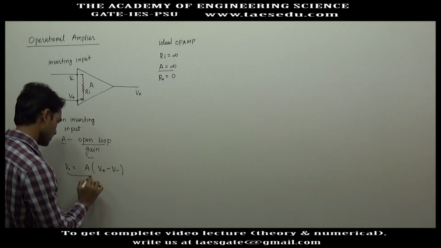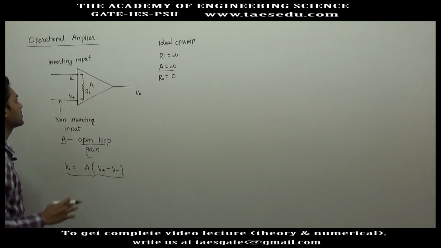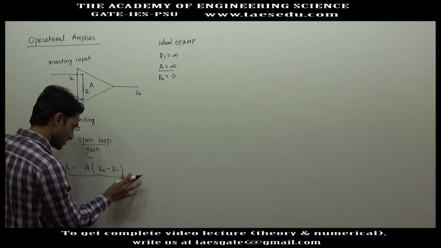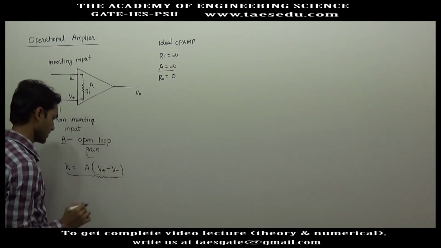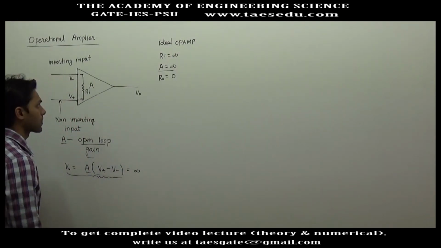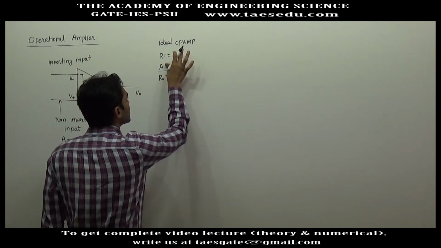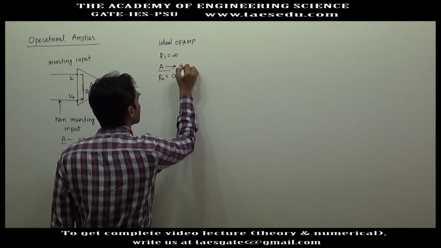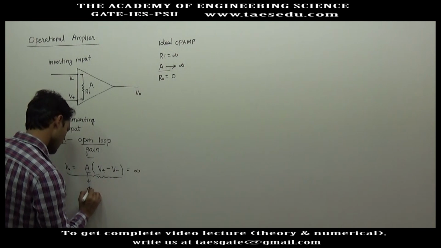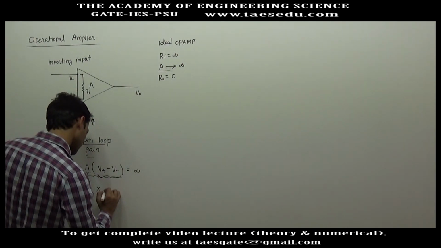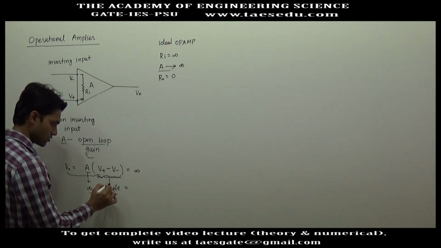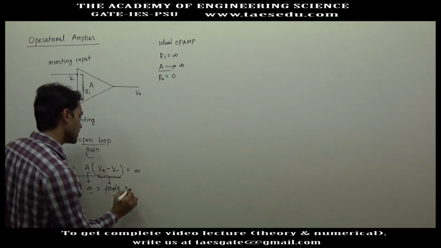From this formula it seems that if you connect a voltage here, and a voltage here also, and there is some finite voltage difference, since the gain is infinite, the output will always be infinite. I will write here that gain tends to infinity, not exactly infinity. So if this difference is finite, and the gain tends to infinite, you will get infinite.